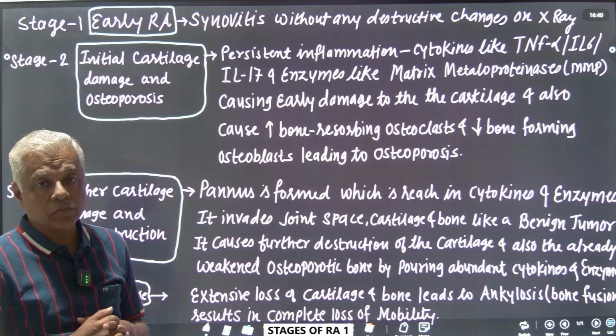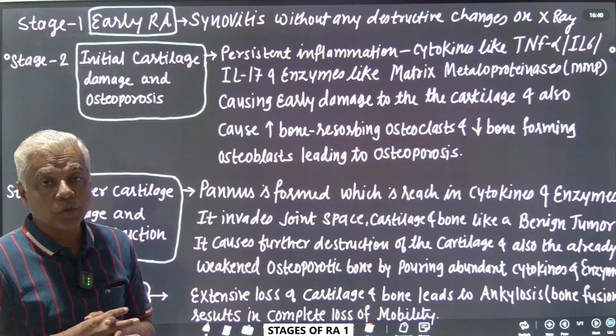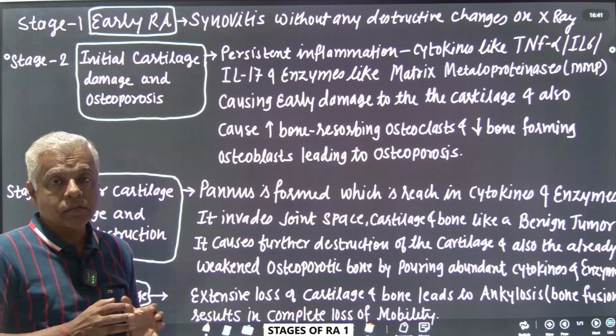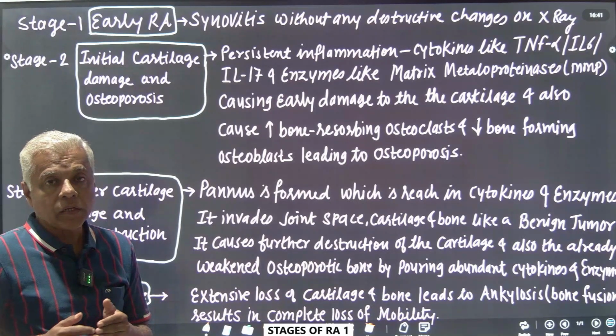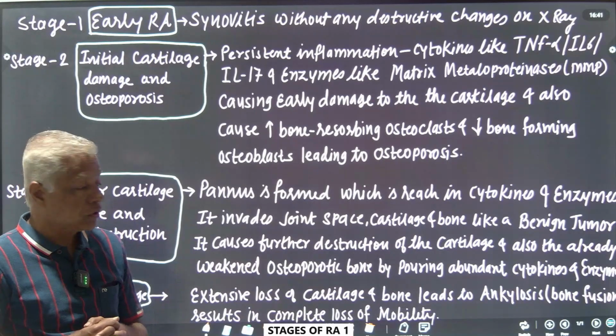inflammatory cells, macrophage like cells or type A cells, and lots of type B cells also, which we call fibroblast like cells. We know that these type A cells or macrophage like cells secrete cytokines, and the fibroblast like cells secrete enzymes.